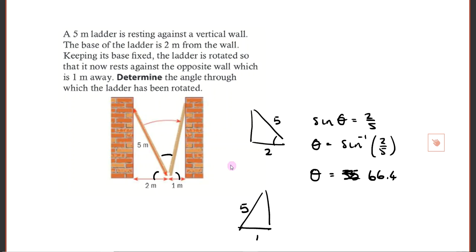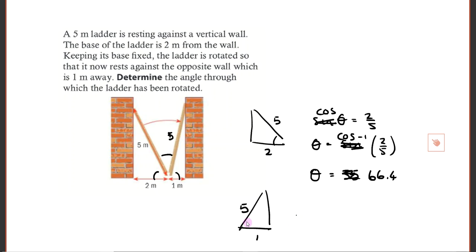Then we do the same for this triangle, which is 1 and still 5 because it's the same ladder. It's supposed to be cosine, not sine, because that's the adjacent. Still cosine.